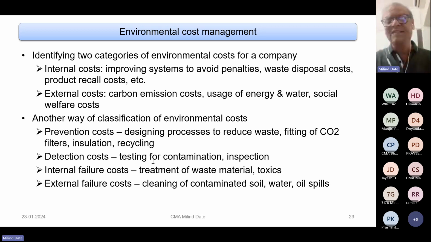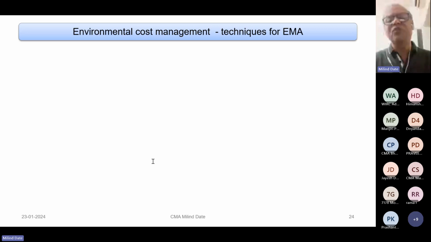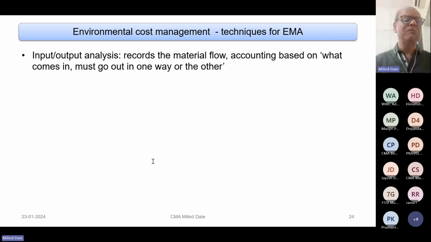So what are the techniques that companies generally use for environmental management accounting? The first technique is input output. So companies keep records of material flow because most of the waste gets generated when you transform material. So material keeps flowing from one stage to the other till a finished product is produced.